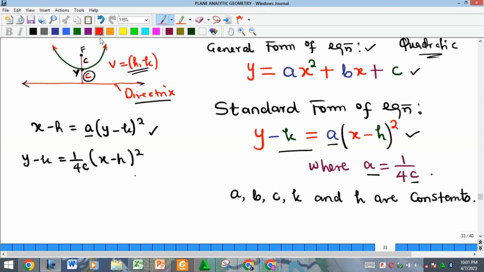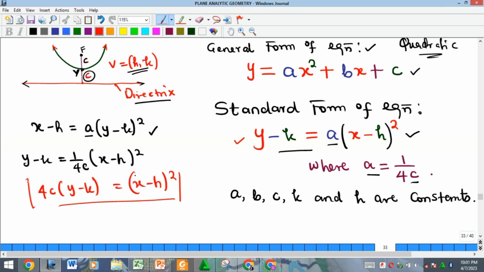And so when I multiply both sides by 4c, I am going to get 4c(y − k) = (x − h)². So this is also another way of writing this particular equation. And I can as well do the same for this other one. So in each case, it's actually the same.